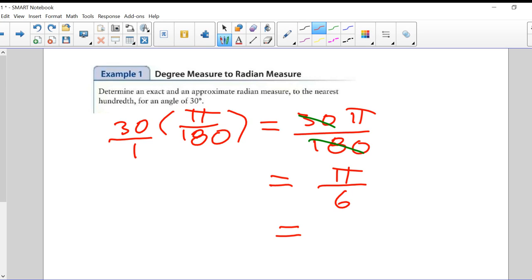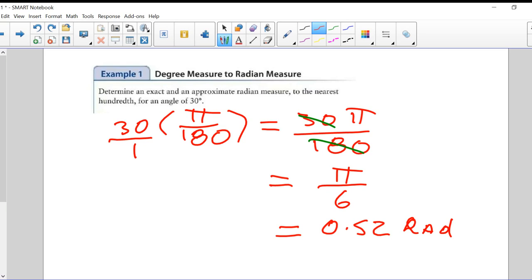They asked us for the nearest hundredth, so you can put this on your calculator as well: 0.52. And because it's not clear what this is in, since I don't have the pi as a multiple, I'm going to put the word RAD beside it to suggest that it's radians. Okay? All right, so there's our first calculation.